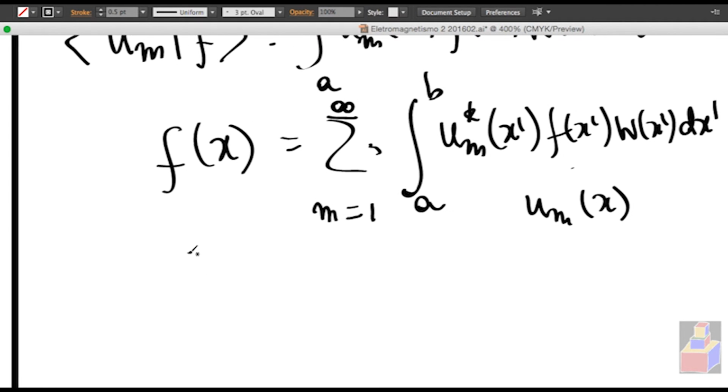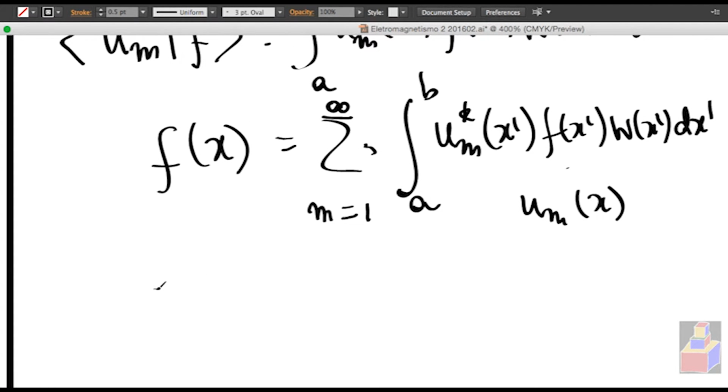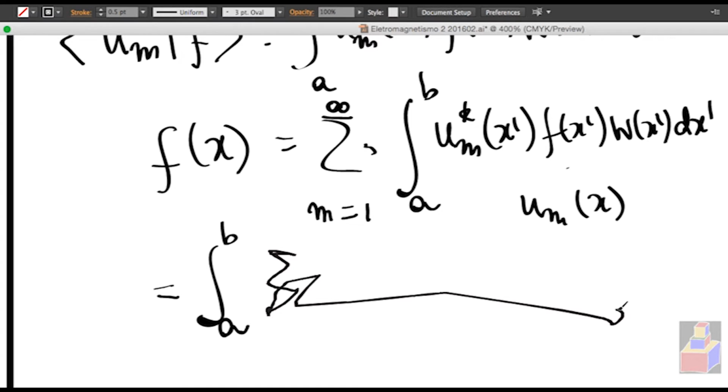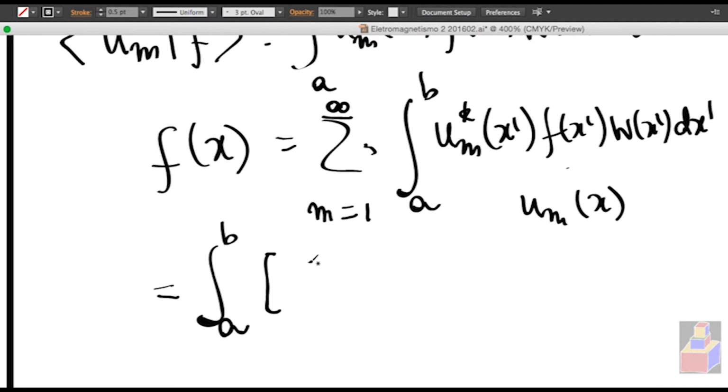So, if we rearrange terms here, it's going to be something like this. Integration from a to b, okay, of a sum. Let's make it like this.